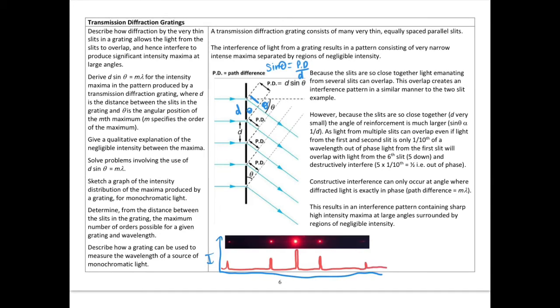So that's what the intensity would look like. Bright, nothing, a bit brighter, nothing, brightest, highest, nothing, and so on.